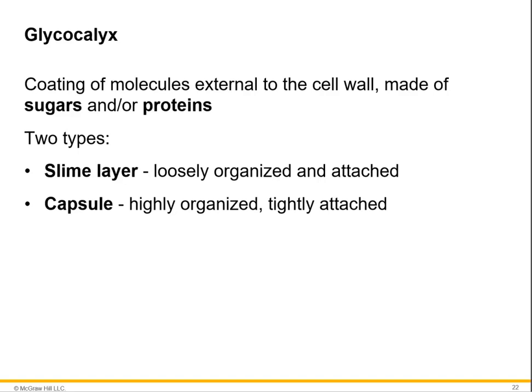Now, the glycocalyx can take on one of two types. It can be a loose slime layer, which is loosely organized and loosely attached, or it can be a highly organized, tightly attached capsule. And what these things do is they help the cell prevent nutrient loss, prevent loss of water. They're also going to help protect the cell as well.